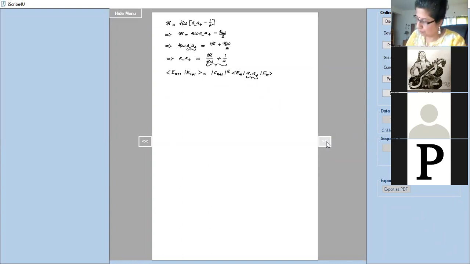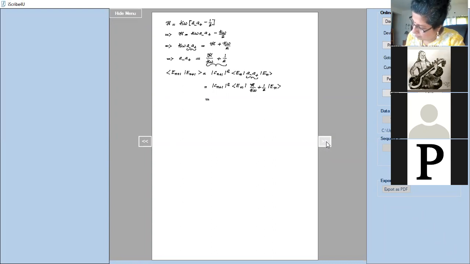All right. So we will get now mod Cn+1 squared <En|, and then we have H divided by h cross omega plus half |En>. Okay, I hope everybody is with me so far. Now let's see what we get.